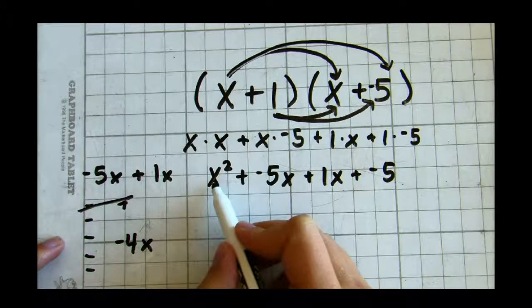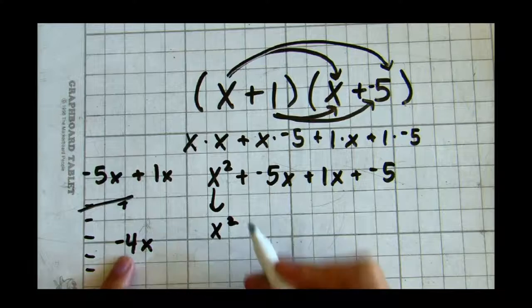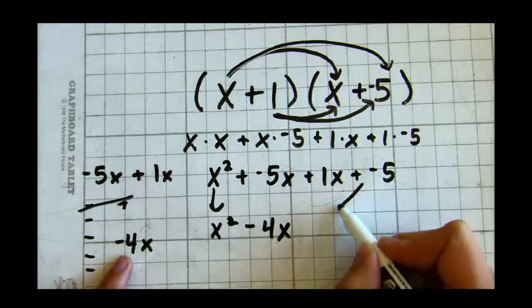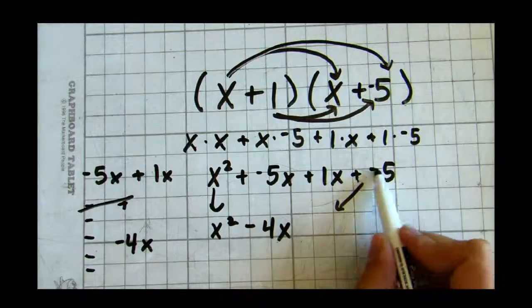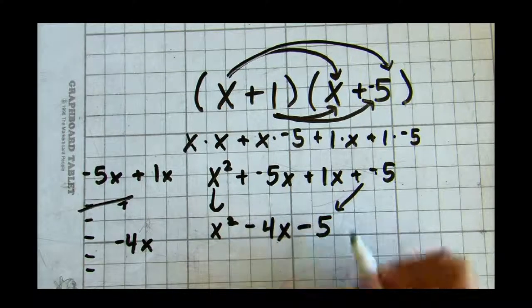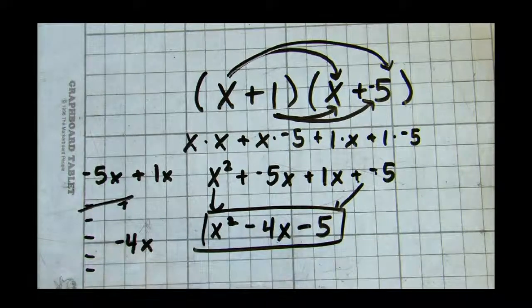So my x squared didn't change. It's just brought down. Minus 4x. And then this plus a negative 5 can be brought down. When I've got plus a negative, it can change to minus 5. And that'll be my final answer.